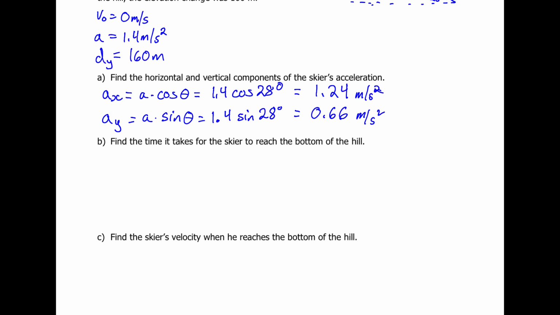Choose either X or Y to work in based on the context given. So in our given context, should we work with X or Y in this question, to try to find time? Why would I use Y?